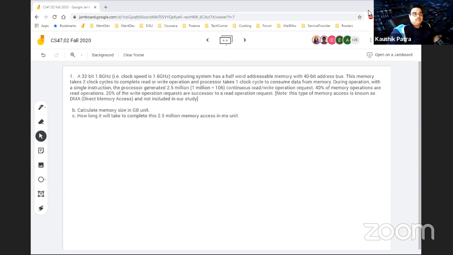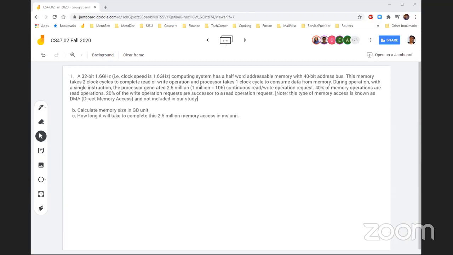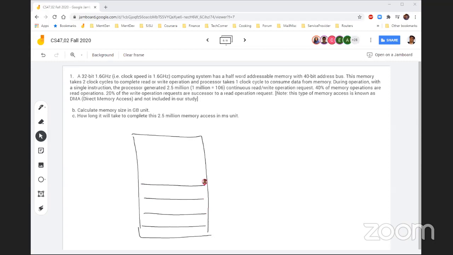So this is the memory. Let's say it contains these storage spaces. It really depends on how many storage spaces there are, and how many bits are stored in each storage space.